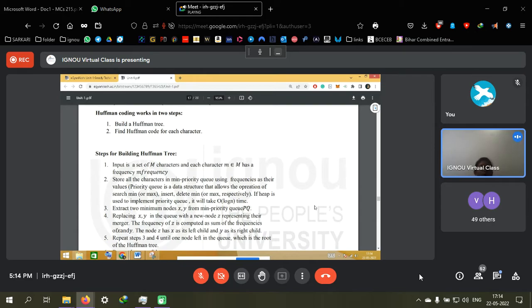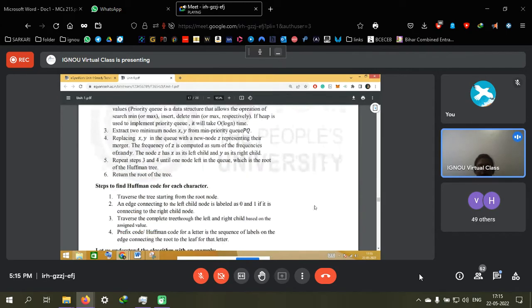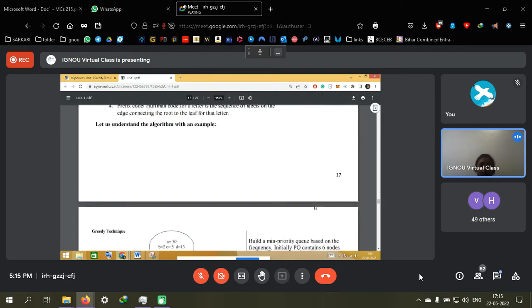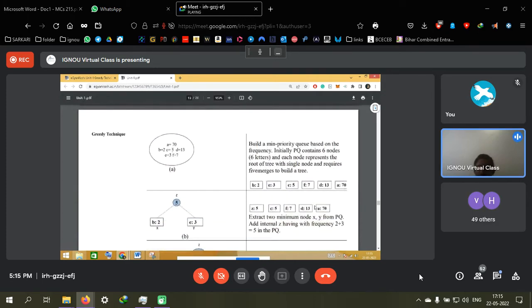Extract the minimum nodes x and y from the min priority queue pq. Just leave this, I am explaining with an example so you can understand better. For example, we have A is 17, B is 2, C is 5, D is 13, E is 3, and F is 7.